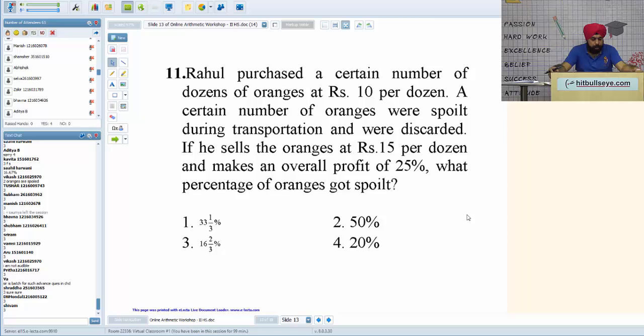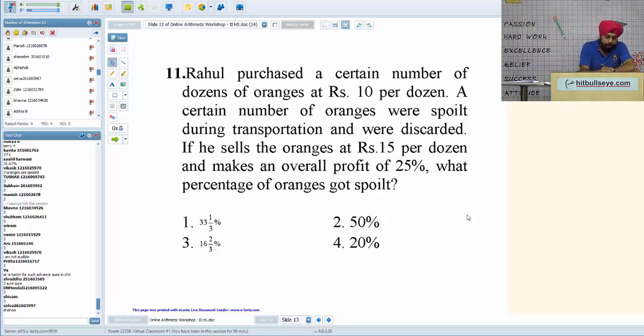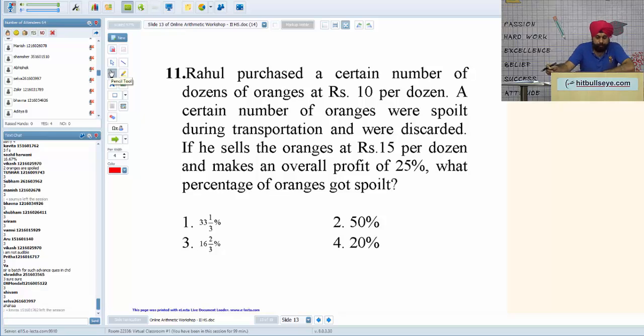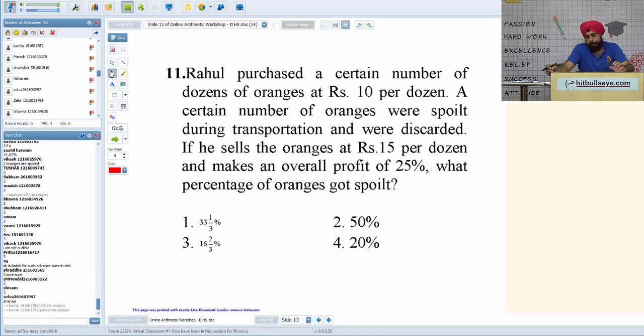Let's solve it, students. There are 2 approaches that you can apply in order to answer this. One is you can apply even allegation here. I can think this question in a different manner, students. Let me assume that when 10 rupees per dozen was the cost price, there were some good apples and there were some spoiled apples.